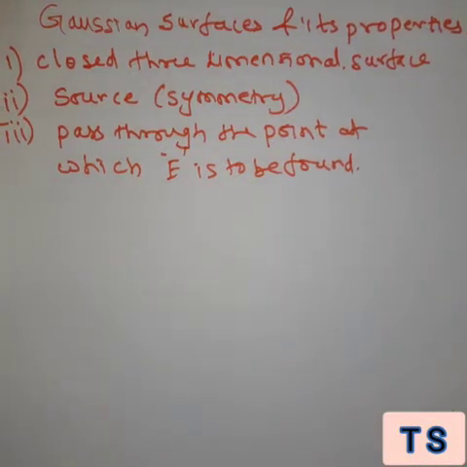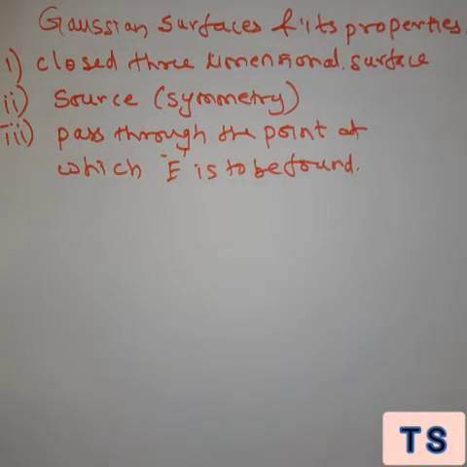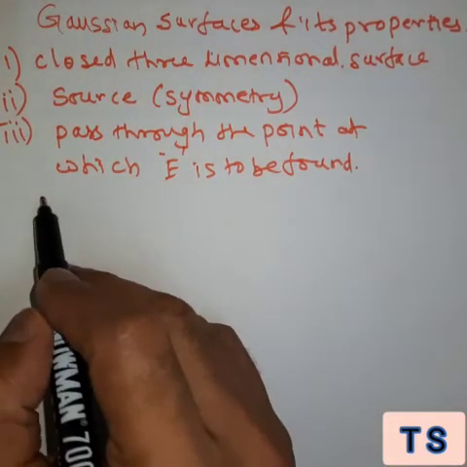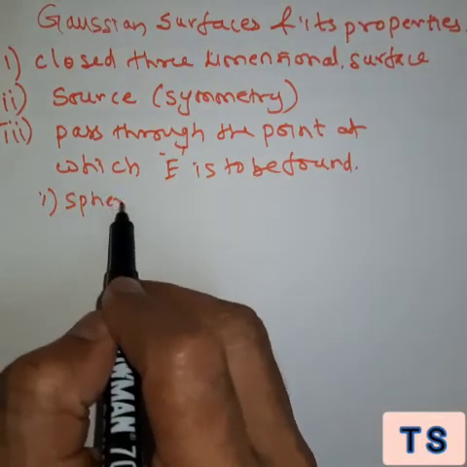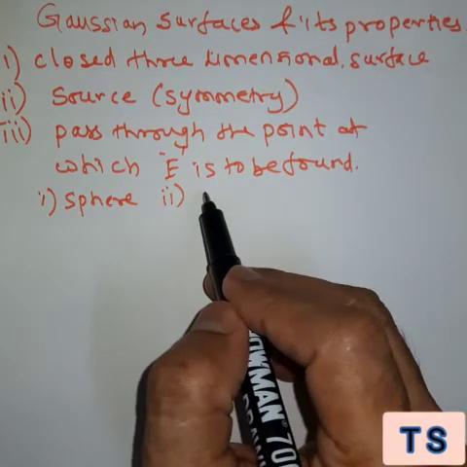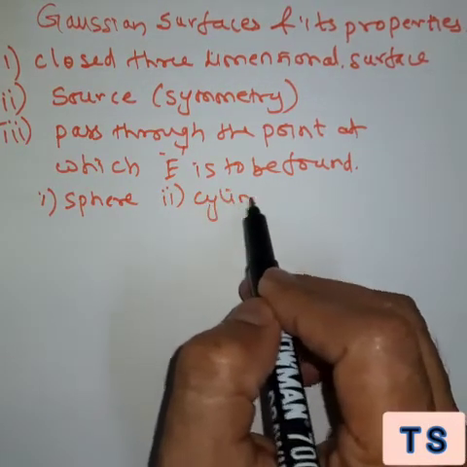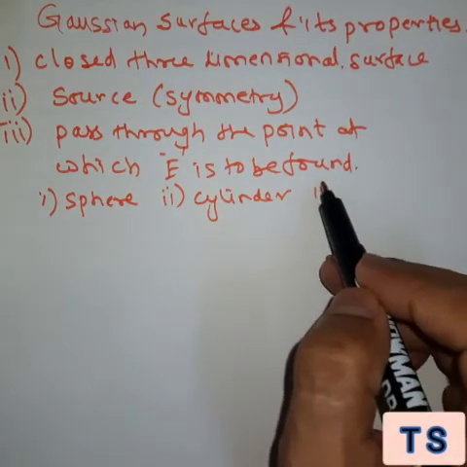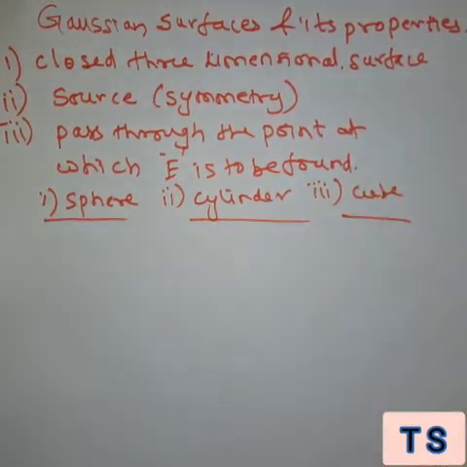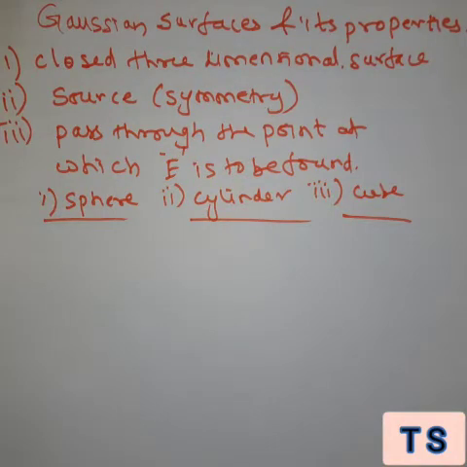The selection of such a Gaussian surface also depends on how easy it makes the calculations. For example, the surface of a sphere, the surface of a cylinder, the surface of a cuboid, or the surface of a cube, all these can be taken as a Gaussian surface. But it should be in symmetry with the given source.